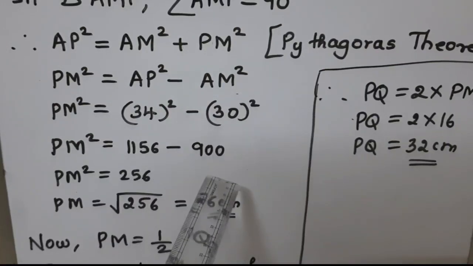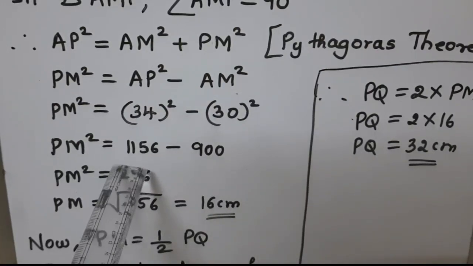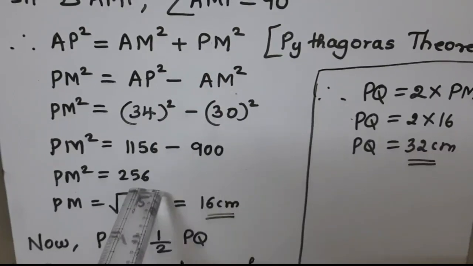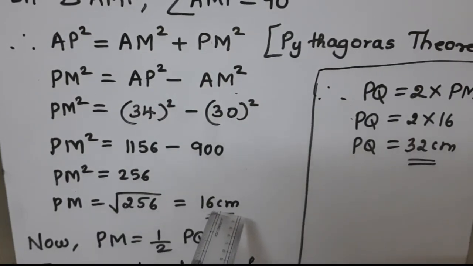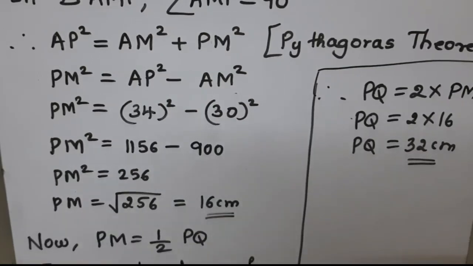Minus 30 square is 900. 1156 minus 900 is 256. Therefore PM is equal to, by taking square root of 256, 16 centimeter. Therefore we have got PM is equal to 16 centimeter.